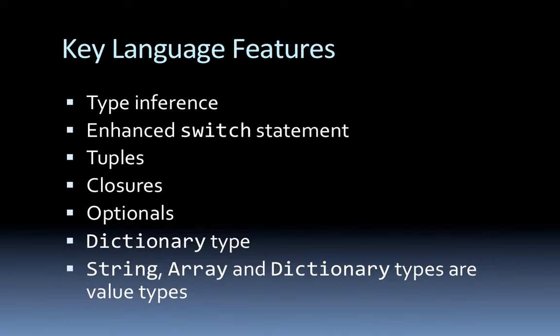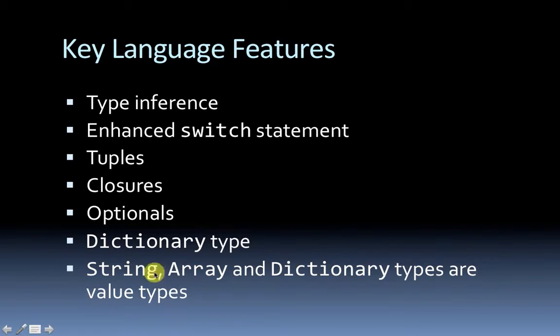And of course, there is also syntax built into the language itself for working with these collection types. Now, the dictionary type in particular is built into the Swift standard library to support manipulation of key value pairs, and the new set type has been added for manipulating sets of data as well.